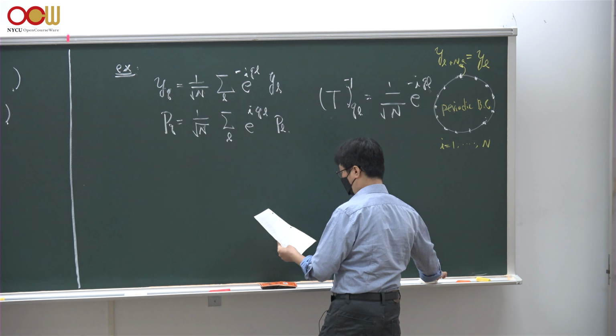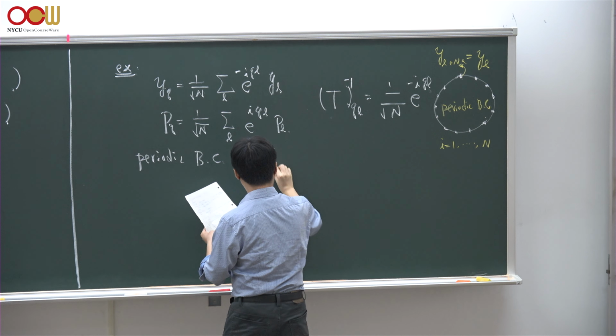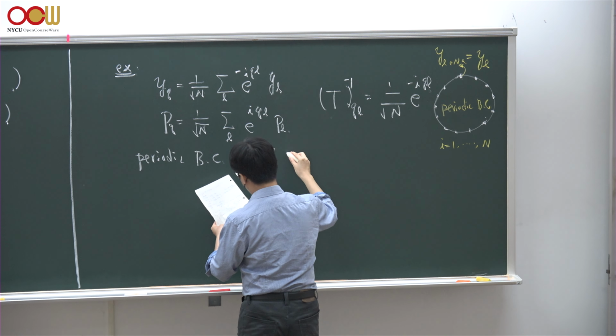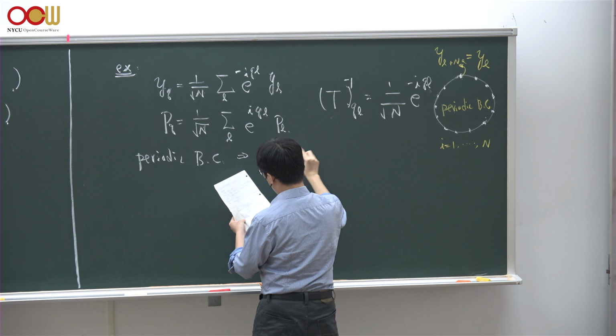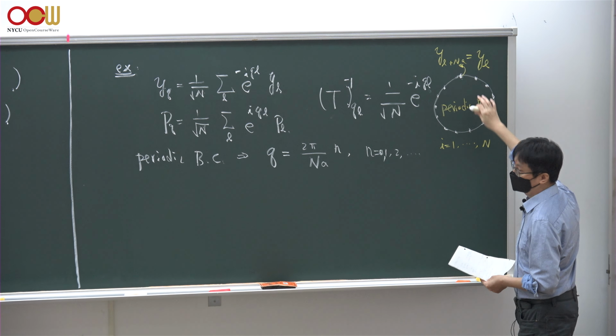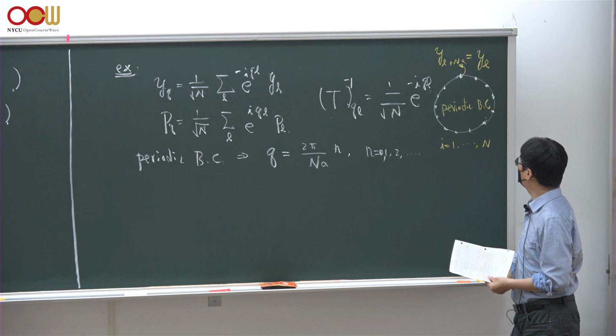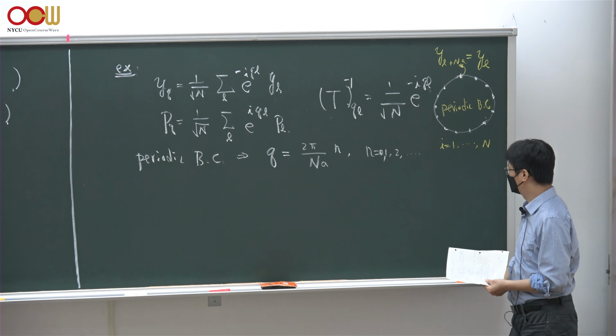And indeed, from this periodic boundary condition, we know that this momentum variable, or wave number Q, is quantized, because the wave function should go back to its original value once you complete a circle.